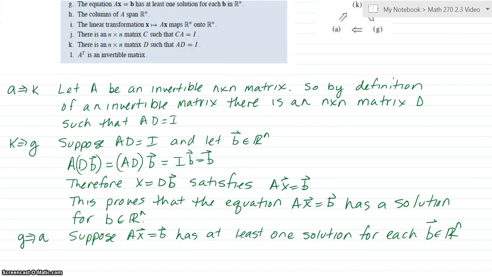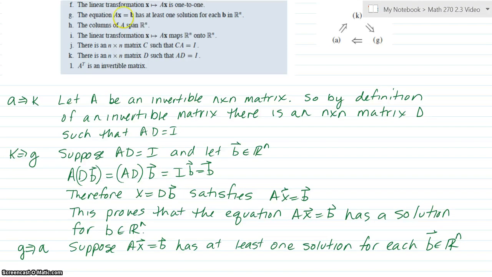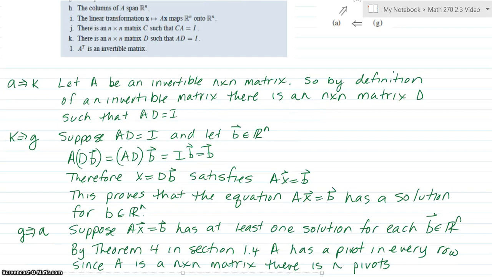Suppose AX equals B has at least one solution for each B in Rn, which is exactly what G stated up here. So by theorem 4, back in chapter 1, A has a pivot in every row. Since A is an n by n matrix, there are n pivots.